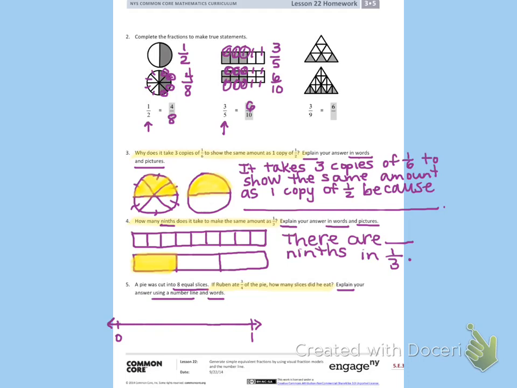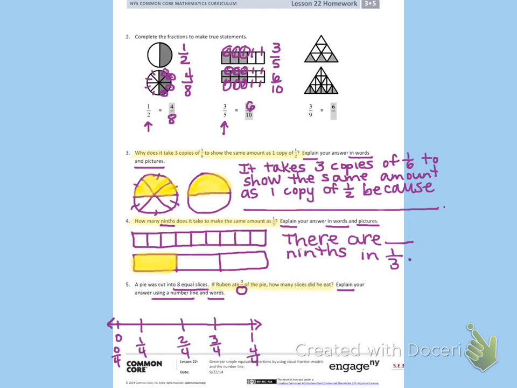First, in order to figure out how many slices he ate, I think I'll divide this number line into fourths, since 3/4 has a 4 at the bottom. And I'll label the fractions underneath. 0/4, 1/4, 2/4, 3/4, and 4/4.